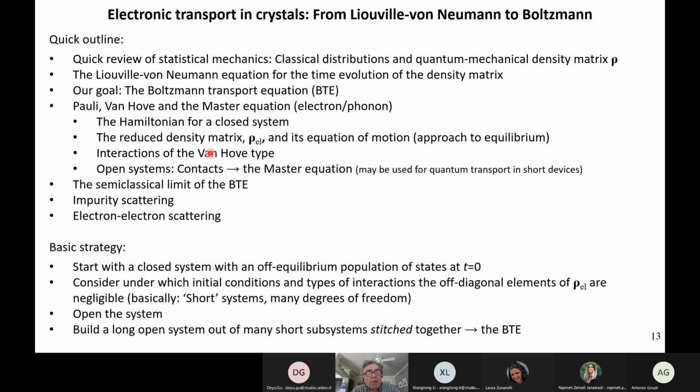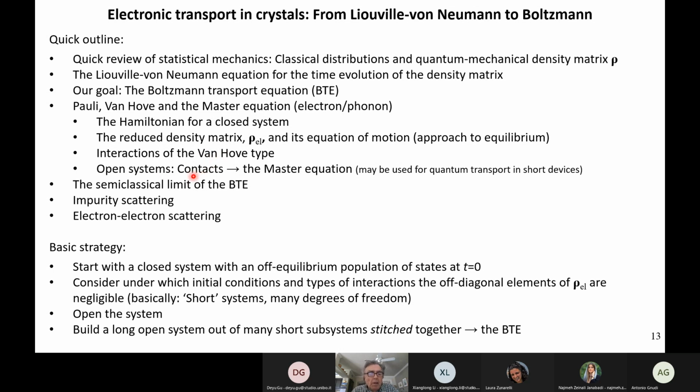We'll describe what types of interactions are of the van Hove type, essentially most of the interactions that we've been dealing with. As long as you interact with something which has many degrees of freedom, or you average out the configurations, such as impurities, you introduce ignorance that way, and there are some good consequences. Good because it simplifies the problem, bad because you're losing information.